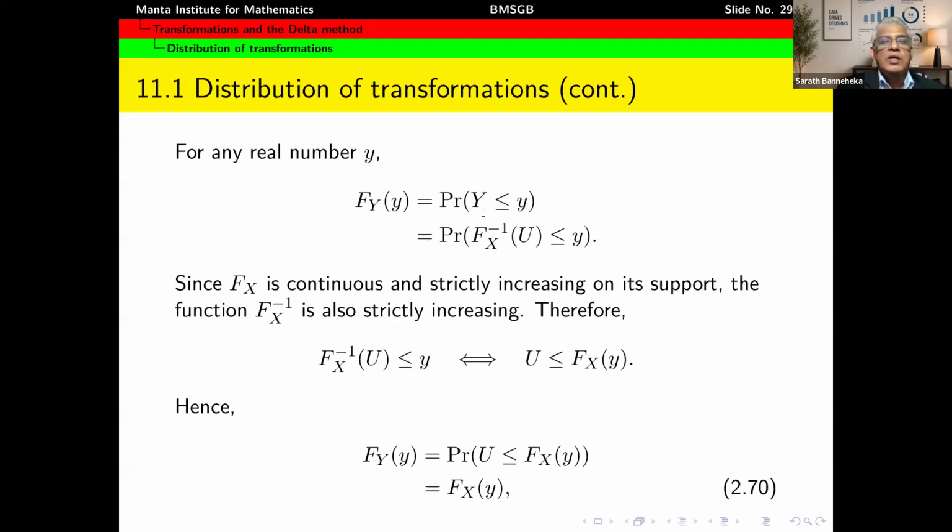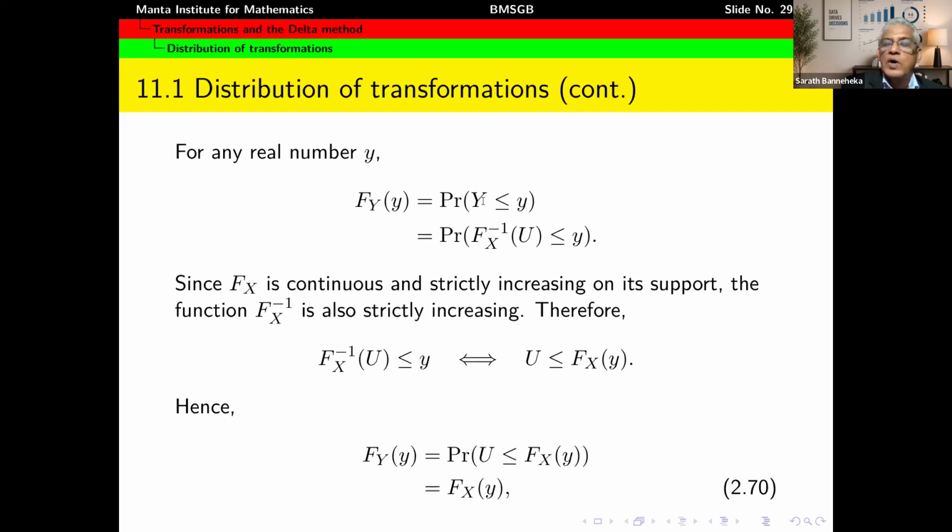Let's look at the cumulative distribution function of y at some value small y. By definition, this is equal to the probability that y is less than or equal to small y.